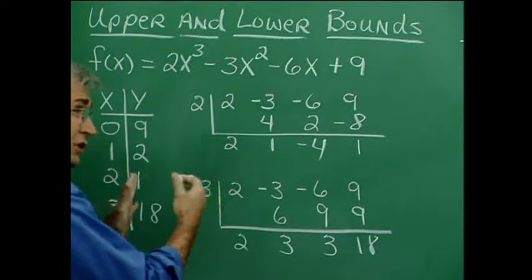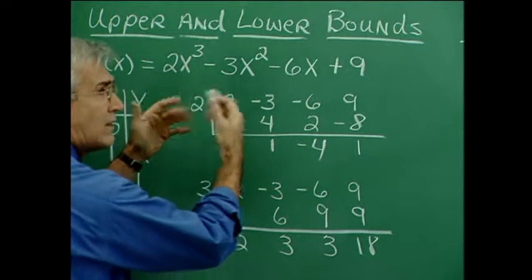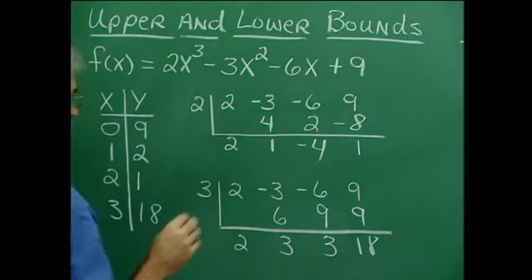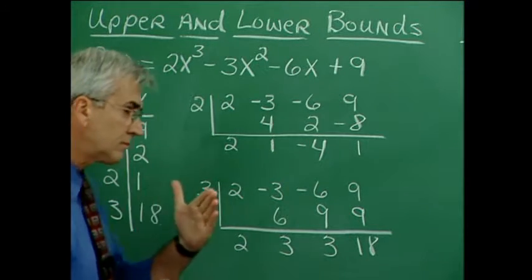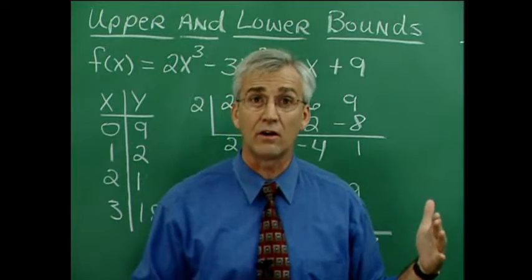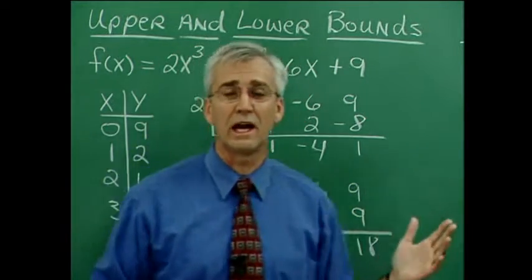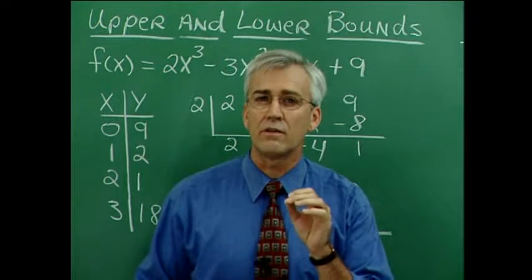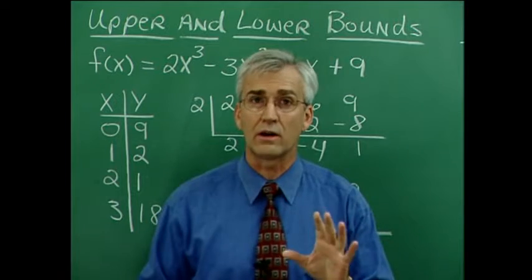You see an integer value interval in here, and so we might try this idea of the rational zero test or something like that. But the notion is that we could try positive integer values until we get really tired, up to 10 and 12 and so forth, and these numbers will get out of hand. But the upper and lower bounds rule will allow us to limit those number of trials right quick.